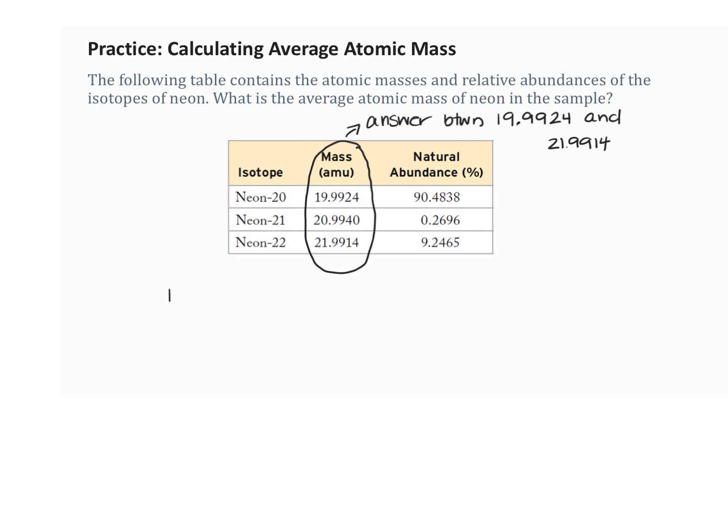The first thing we're going to do is we're going to convert the percent to a decimal. So when we look at this for neon 20, that's going to be 90.4838%.